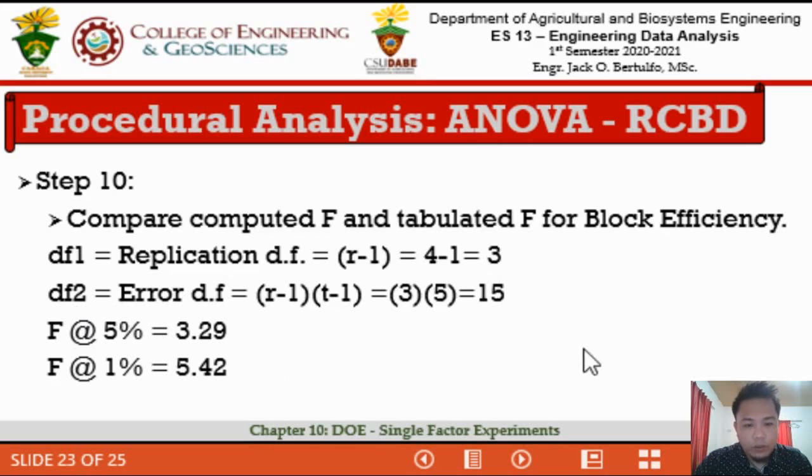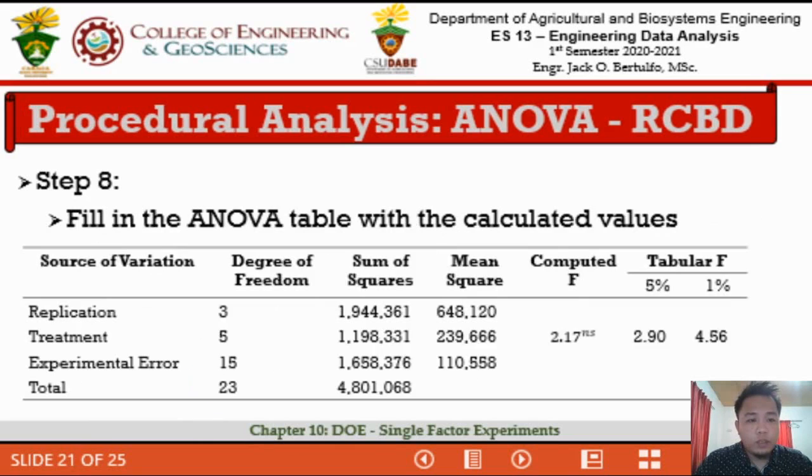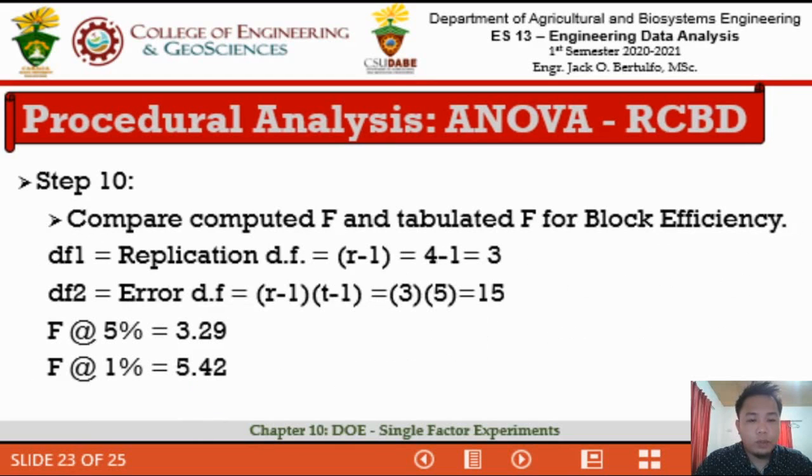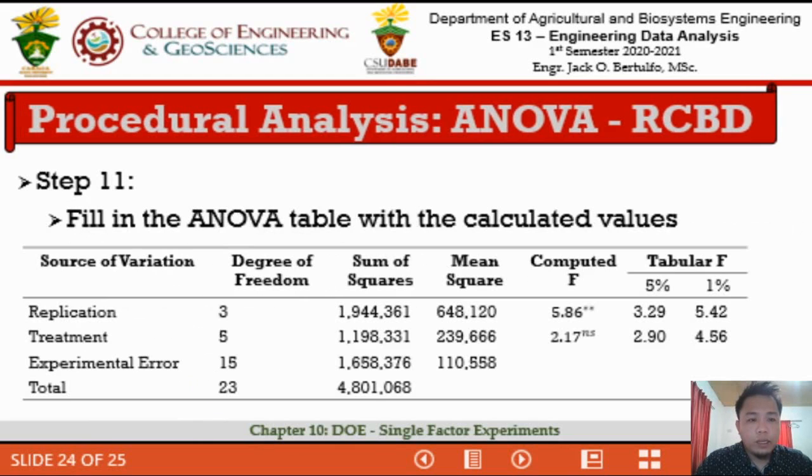Then DF2 is always error. Based on the table, it is 3.29 and 5.42. Okay, plug it in. Then let's compare: 5.86 is greater than both 5% and 1%. Therefore, there is a significant difference, or a blocking efficiency based on our replication.